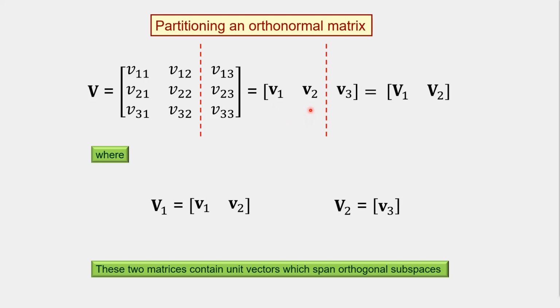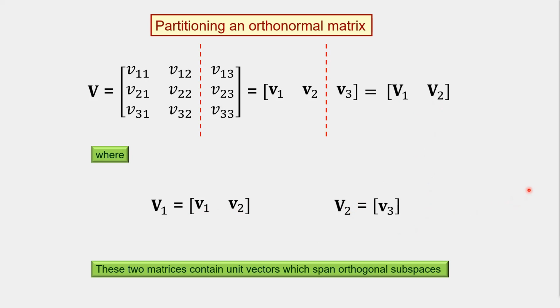The second subspace is spanned by the vector v3. So we can write big V as big V1, big V2. These are orthonormal matrices which have unit vectors comprising their columns that span subspaces of parameter space. V1 equals little v1, little v2, and in this case V2 has just one vector, v3.